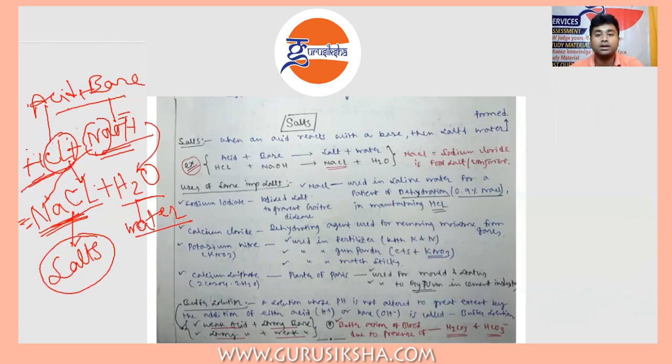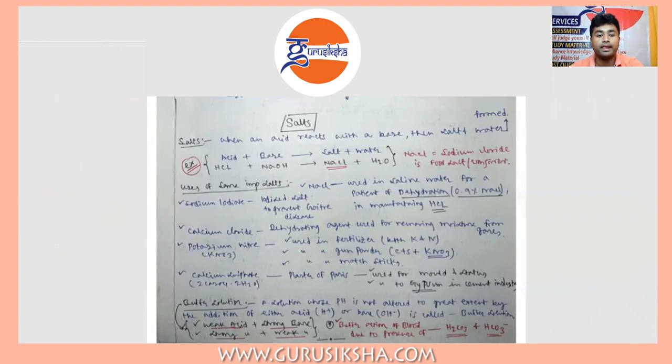So that is the main point. Sodium chloride is one salt, but there are many other salts in nature. NaCl, sodium chloride, is the food salt, which we take as food.